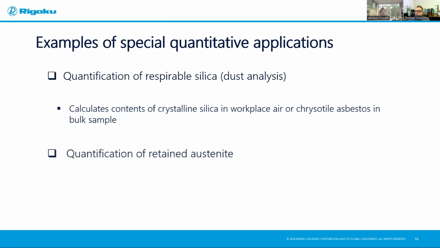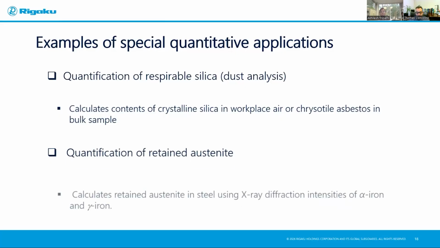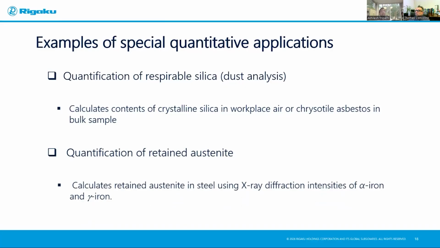There is a method called retained austenite too, which is to know the amount of alpha iron and gamma iron in a steel. A nice balance of the two produces a steel of our choice. I will not be covering these 2 dedicated quantitative approaches in today's talk, but I just wanted to make sure that you are aware there is dedicated software to do quantitative work.